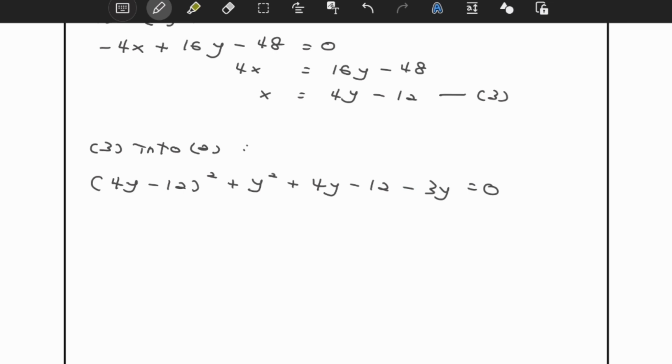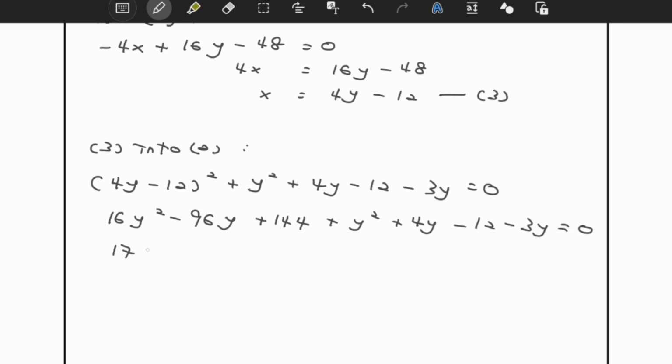Expand (4y minus 12) squared, so we will have 16y squared minus 96y plus 144 plus y squared plus 4y minus 12 minus 3y equal to 0. Calculate this, we get 17y squared minus 95y plus 132 equal to 0.